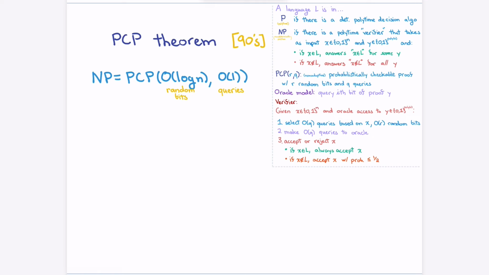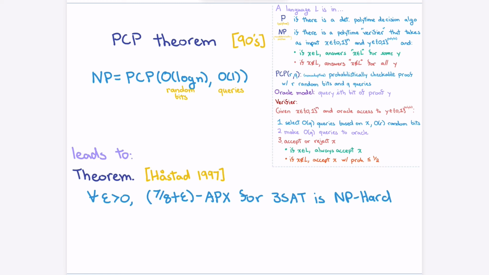This is very strong, right? And the corollary eventually leads to the proof that for all epsilon greater than 0, 7/8 plus epsilon is APX hard, is NP hard.